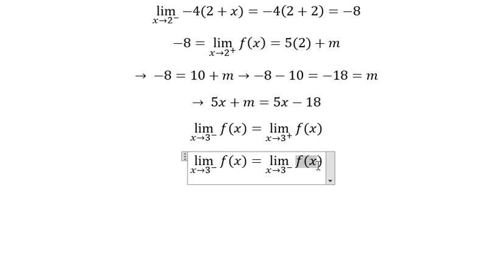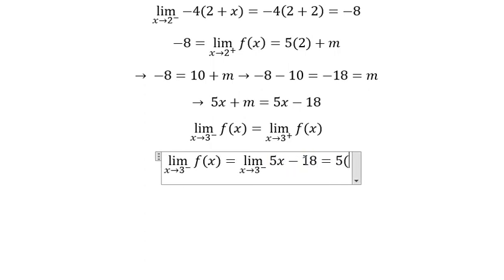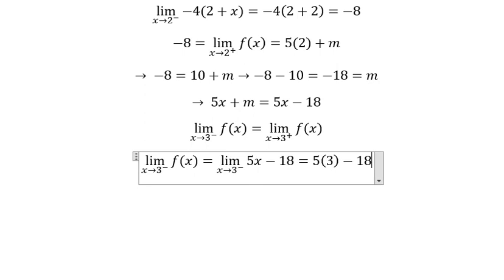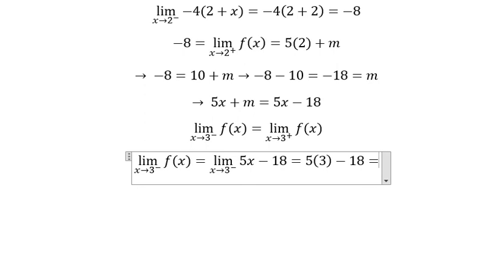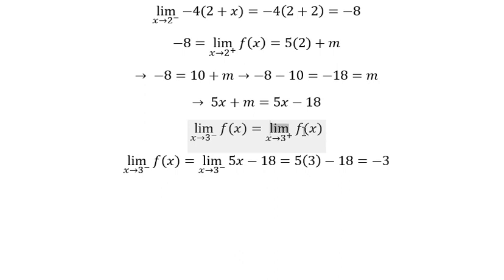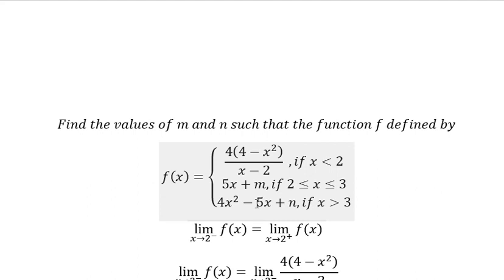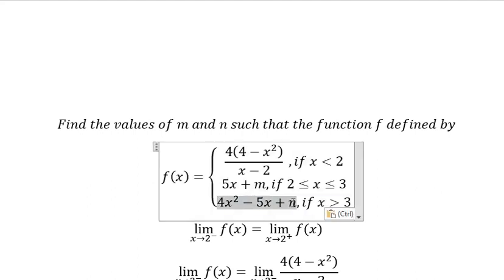Now we put m equals negative 18 going here, and I will put number 3 going here. So this one, we have negative number 3 on the right. So we have f of s, that is about this one.